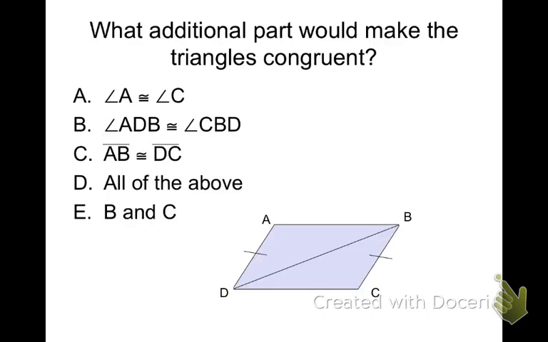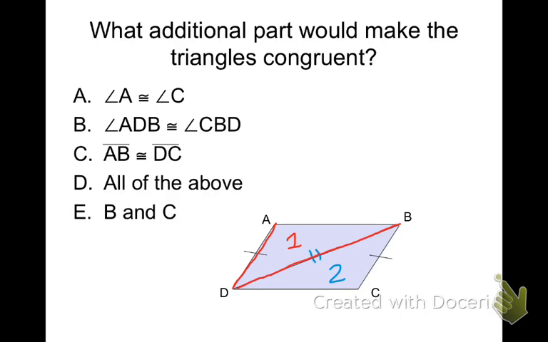Okay, what additional part would make the following two triangles congruent? Again, like the previous example, we have this shared side DB in both triangles. Here's triangle 2, and I'll go back to red for triangle 1. If we look at the sides, we've got side, side in a row.